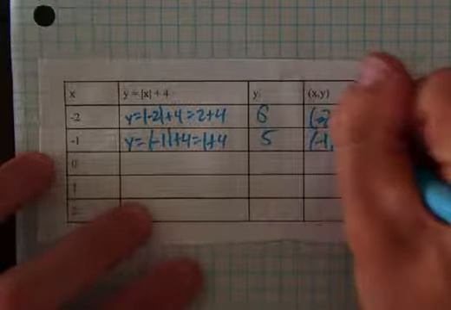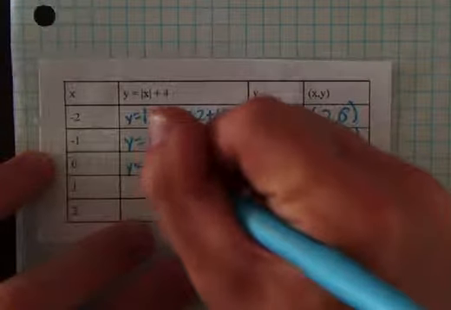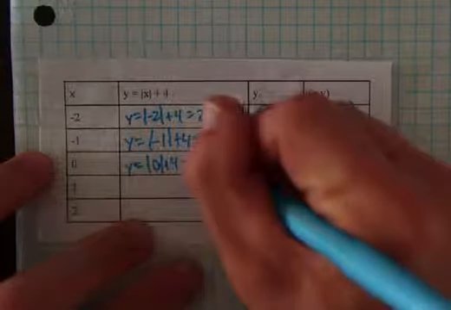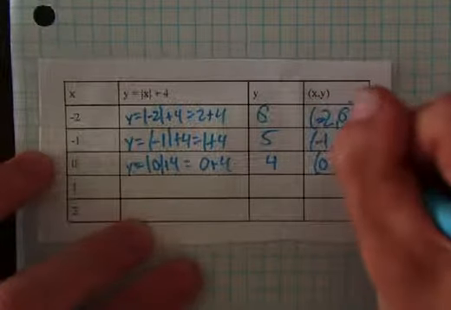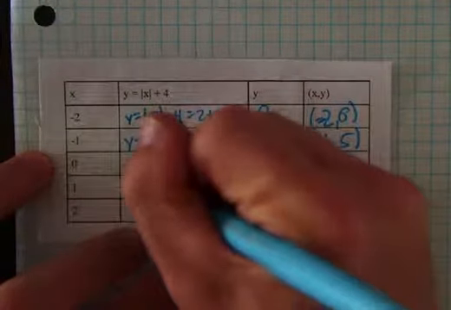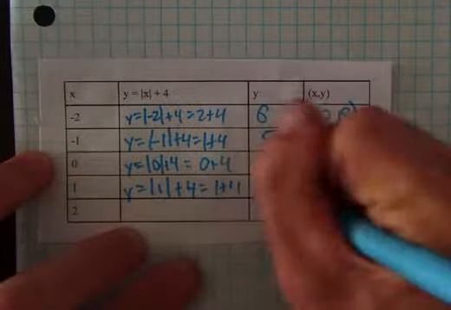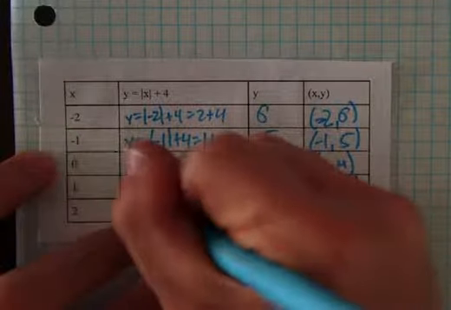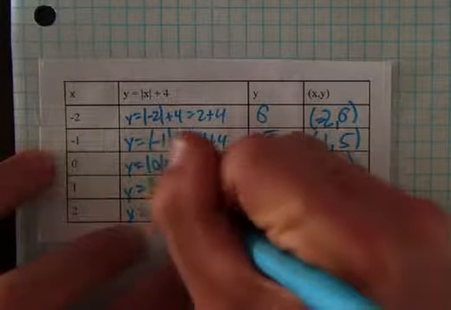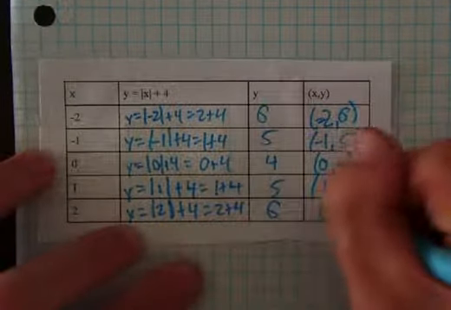Negative 1 comma 5. Y equals absolute value of 0 plus 4, which equals 4. Y equals absolute value of 1 plus 4, which equals 5. So 1 comma 5. You can probably see where this is going. Y equals absolute value of 2 plus 4, which equals 6.